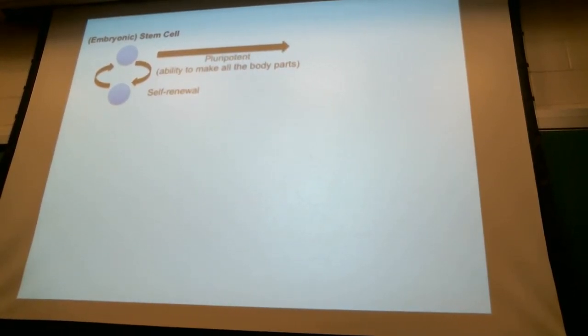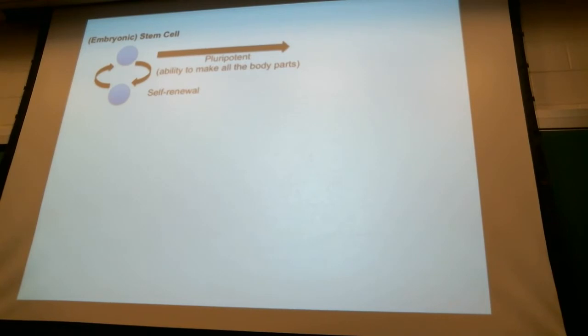Like I said, we all started out as one cell, and that one cell made all the body parts. So we all used to be stem cells. Then what's the big deal? Well, the big deal is scientists found a way to keep them in a culture dish.